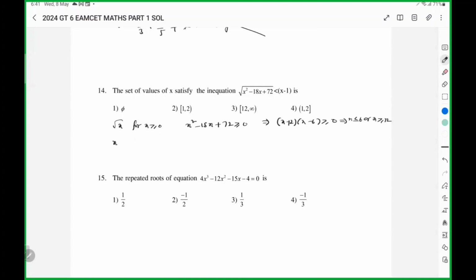And root is always non-negative. x minus 1 should be greater, otherwise a positive cannot be less than a negative. So x should be greater than 1. It is one condition, now the second condition. And now both are positive, we can square it.